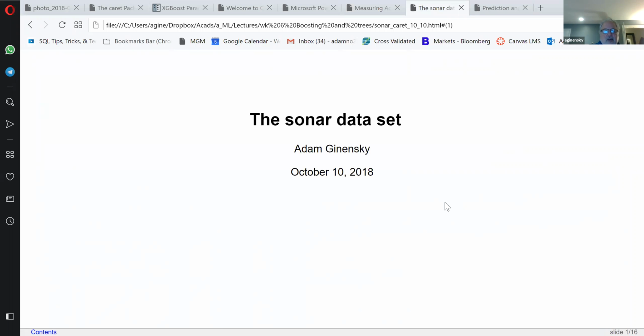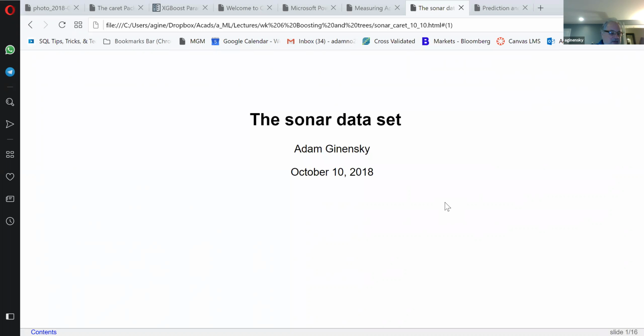This is a very well-known example that ships with caret. First, I should say caret is a package written by Max Kuhn, who currently works for RStudio. He was the head of statistical research at Pfizer, I believe, and he wrote this package while he was still at Pfizer.